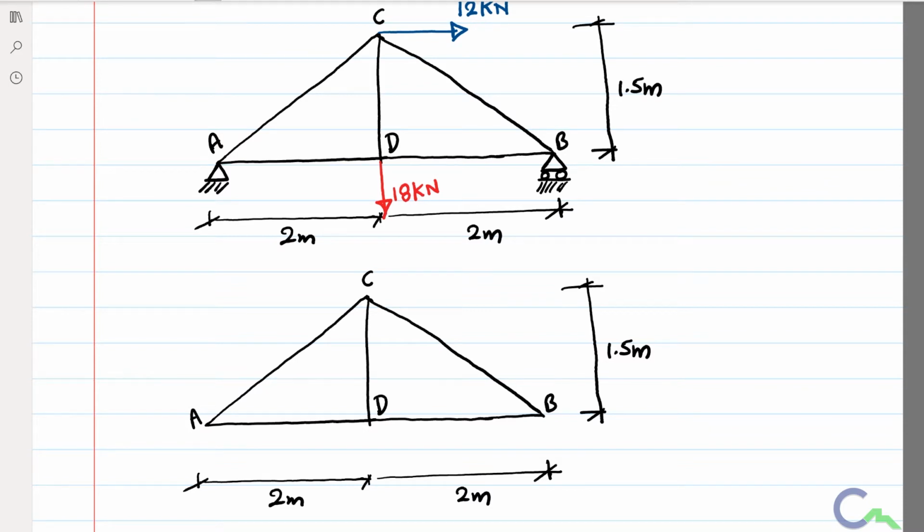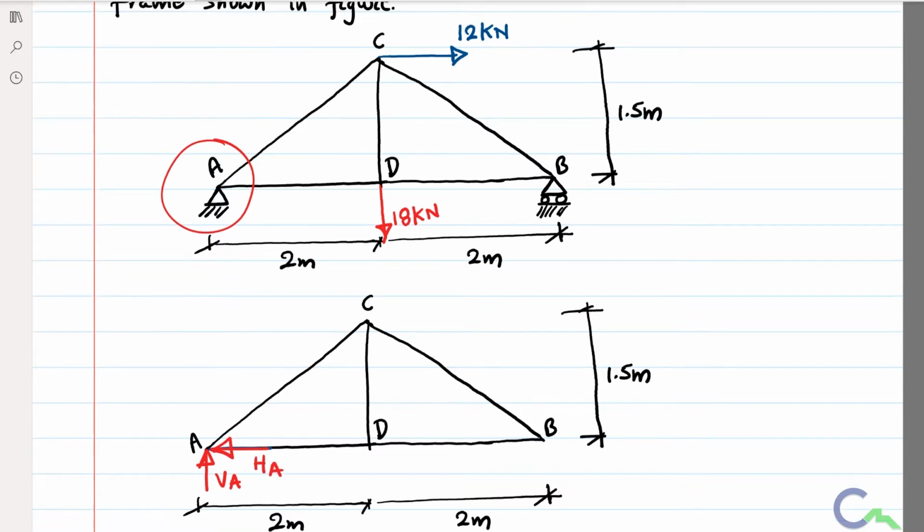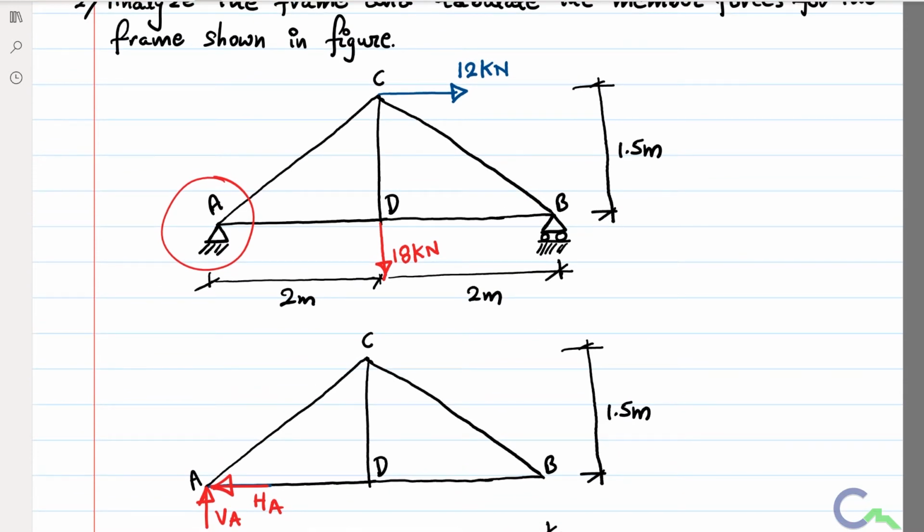At point A, a hinged support is acting. So I will take one vertical reaction, because for a hinged support there are two reactions, one vertical and one horizontal. The vertical reaction I will take as VA. The horizontal reaction I am going to take in the negative direction, that is HA, because if I see this figure, 12 kilonewton is acting in the positive direction.